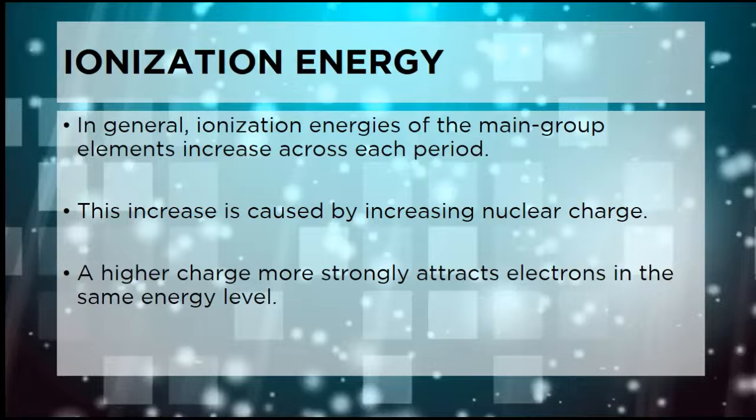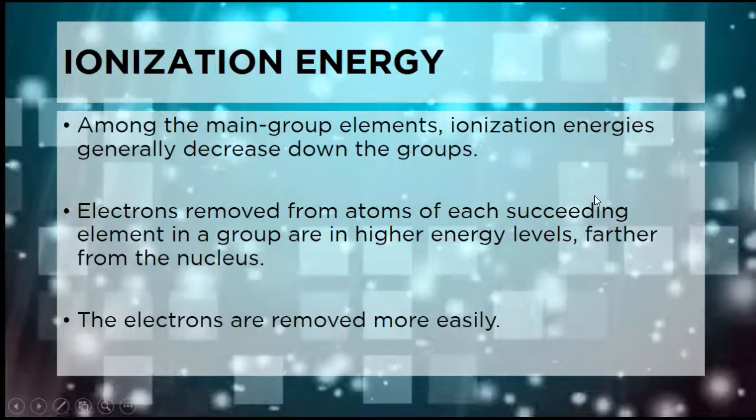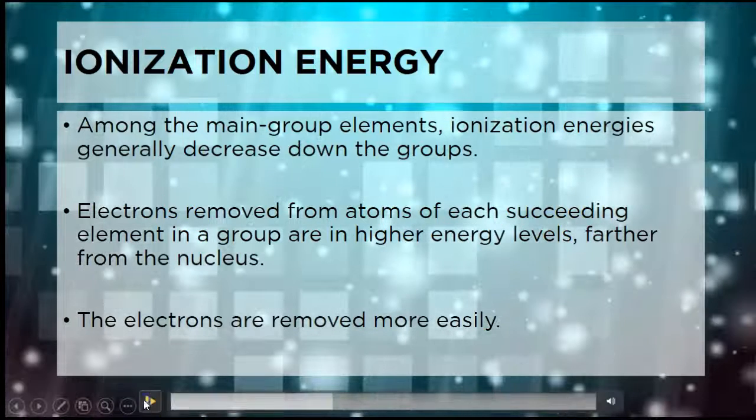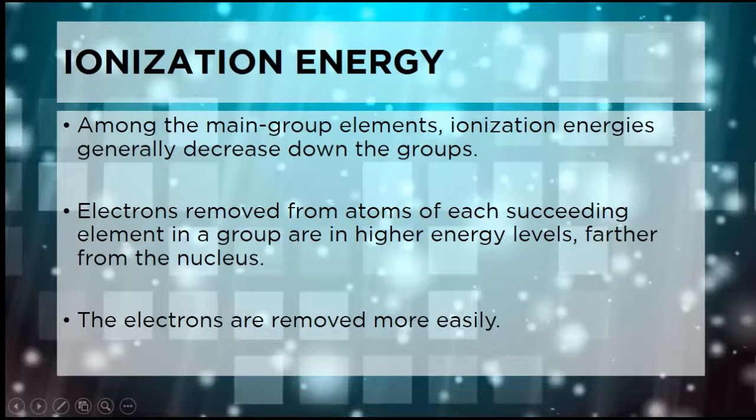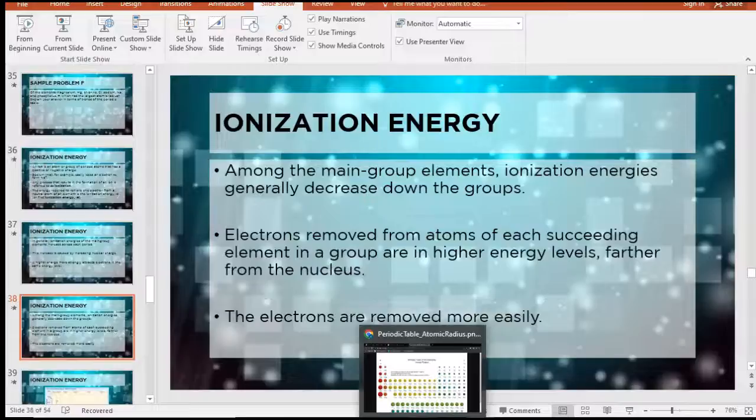So again, higher charge is going to strongly attract those electrons. On the other hand, just the opposite of size as well, we're going to see those ionization energies decrease down the groups. So let me pull up my periodic table.